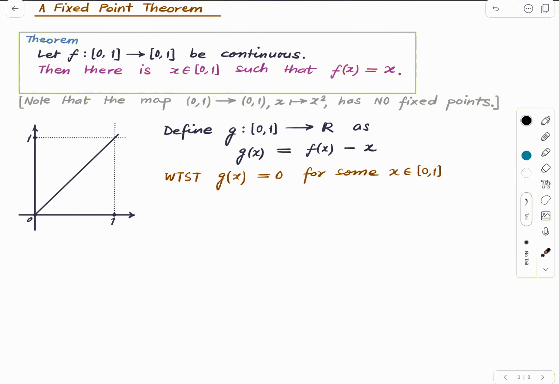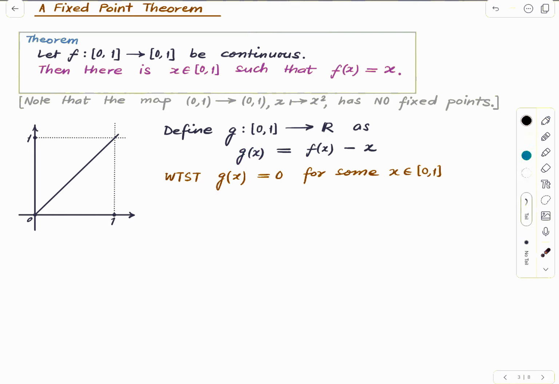If we are able to find such an x, then for that x we must have f(x) equals x, because if g(x) is 0, then f(x) should be equal to x. So this is our goal. This is what we will achieve using the intermediate value theorem.